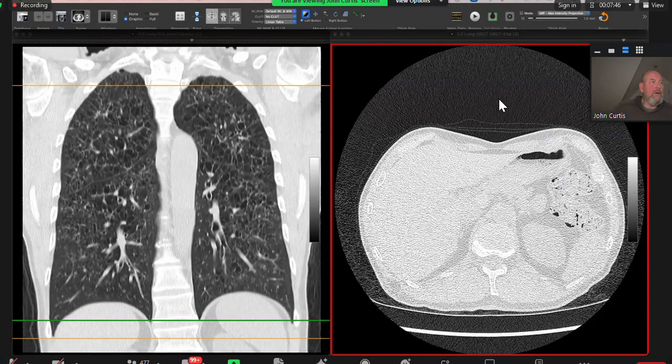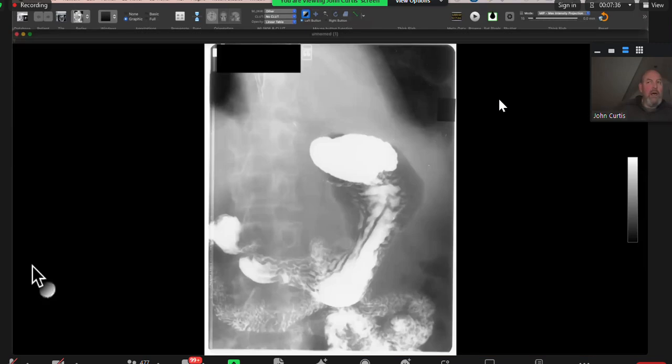Okay. Now, this was a patient who underwent a barium meal, and the history was weight loss and loss of appetite.